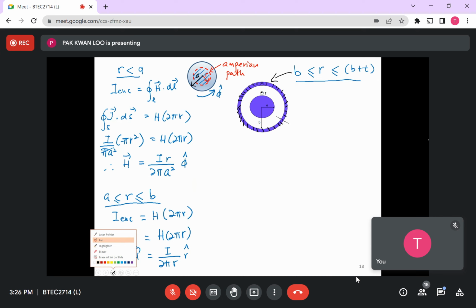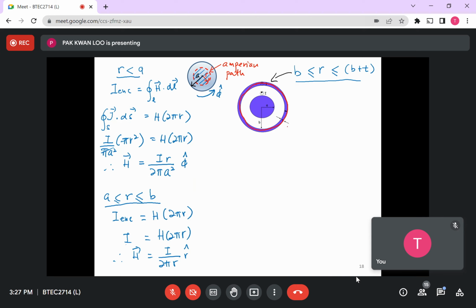What I'm saying is, if my Ampere's path, my circle is not going to be a nice one, encloses and lies within this conductor region, what would be the current enclosed?